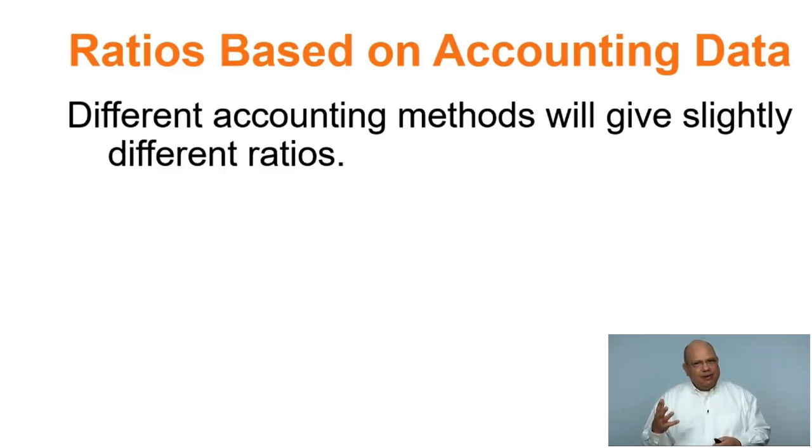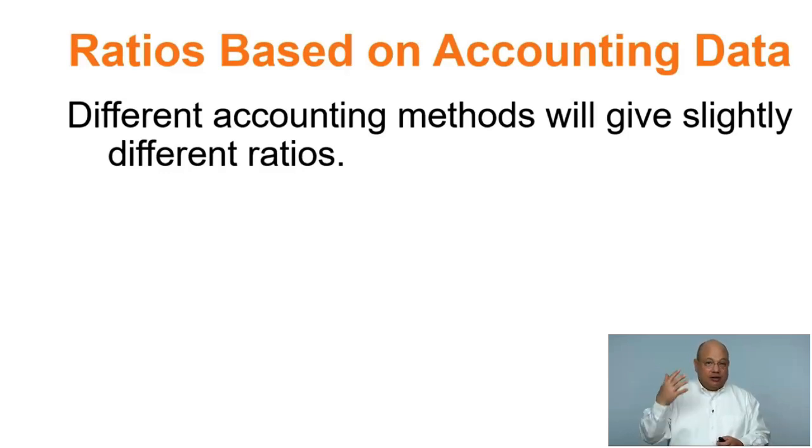So we need to keep in mind that different companies, if we're comparing companies, may use different accounting methods. Okay, the difference between FIFO and weighted average isn't going to be huge, but there may be some slight differences in the ratios simply because of the accounting methods that companies are using.